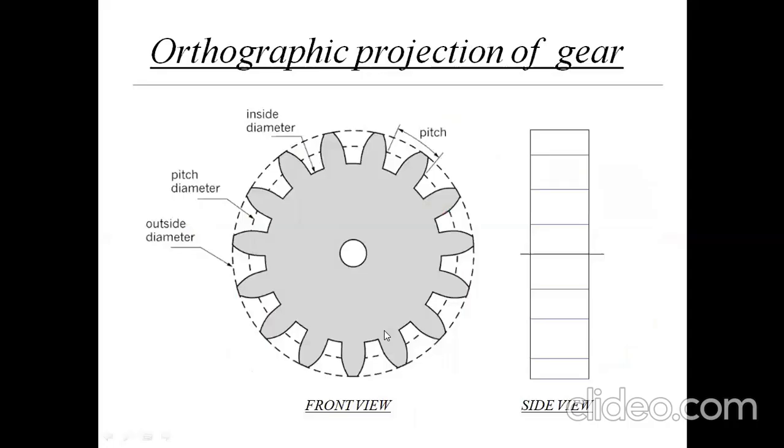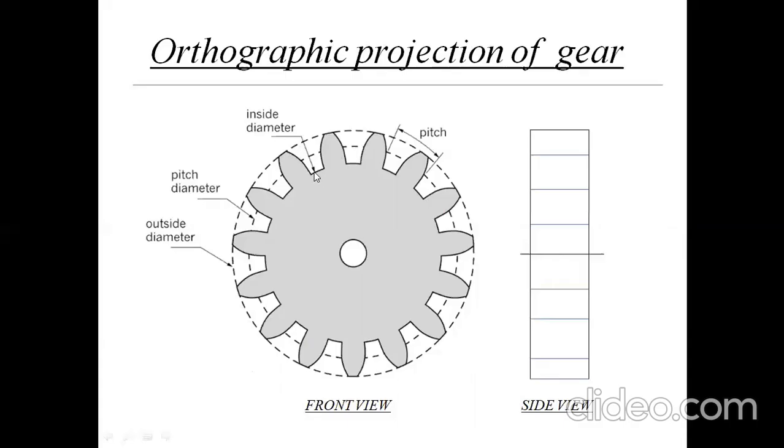If you see any gear, you can see these three circles. One is the pitch circle, which is most important. Second is the addendum circle, which passes through the top land of the gear tip. And third is the dedendum circle, which passes through the bottom of the gear tip. So the dedendum circle is the inside circle.